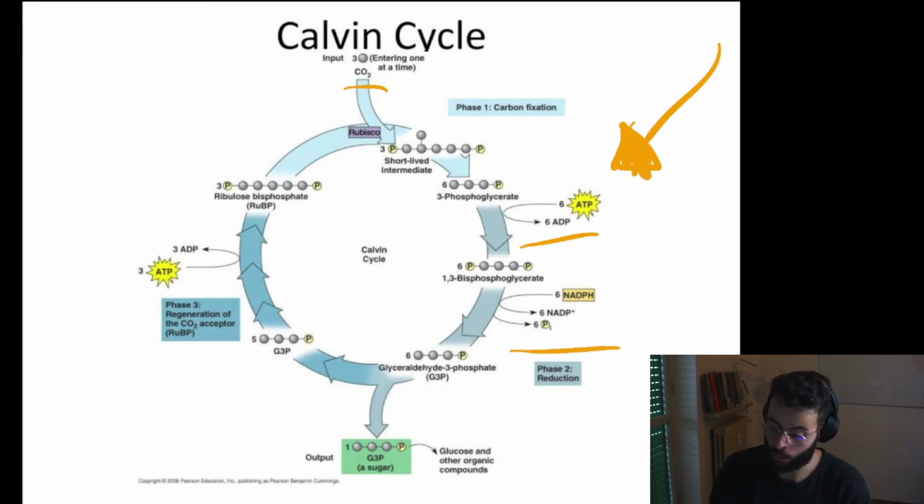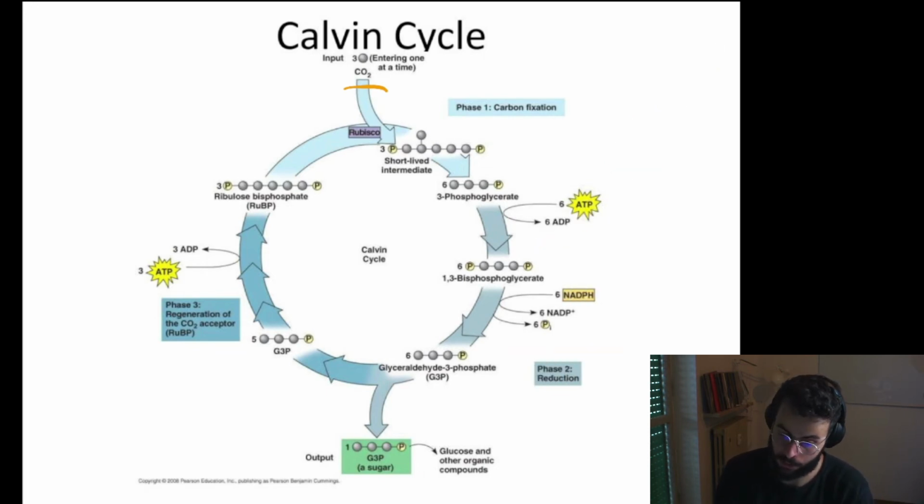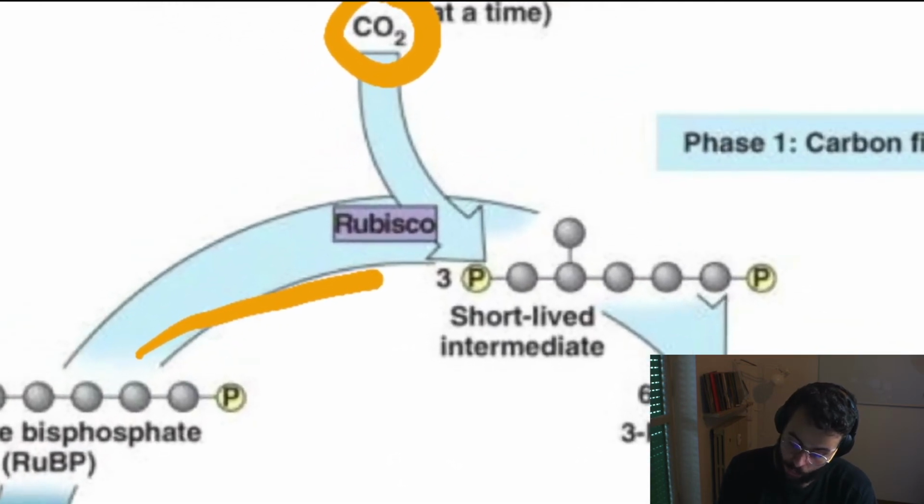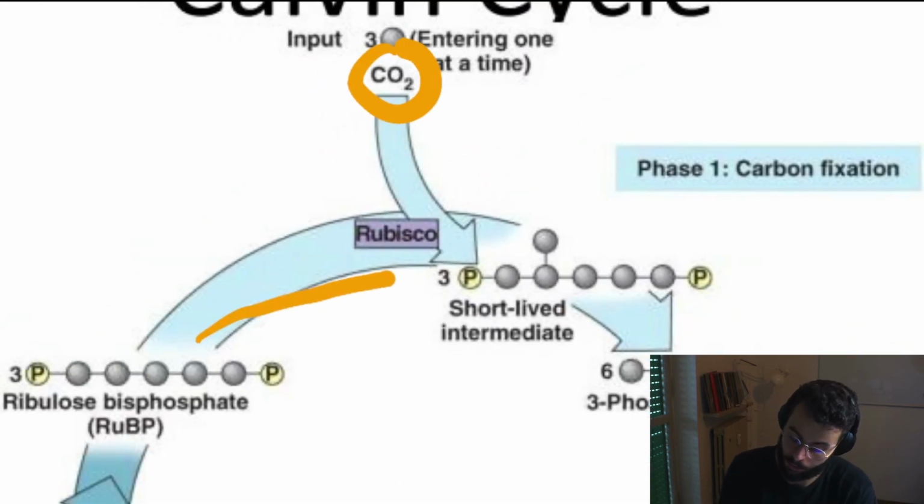So as a summary for this video, let's analyze the following metabolic pathway. We are going to have carbon dioxide, which is going to be combined with the last product of the Kelvin cycle. Through a very important and high yield enzyme to remember, they are going to combine together using Rubisco. By the way, Rubisco is the most abundant enzyme in the world.